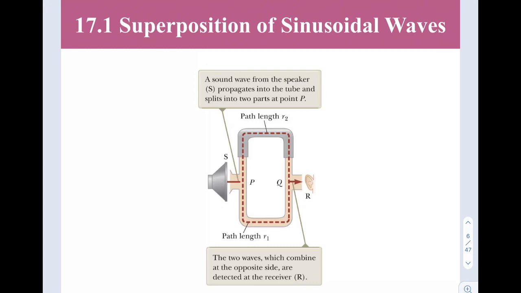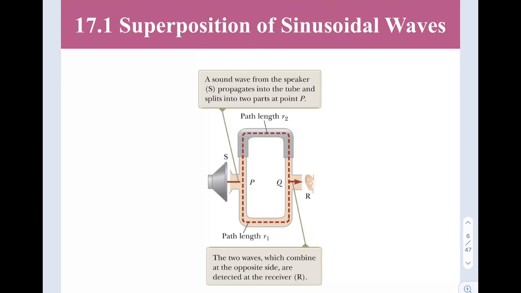This capability allows us to vary the phase difference between the waves arriving at point Q. After the sound arrives at point Q, they combine and travel together to the right to the receiver R.